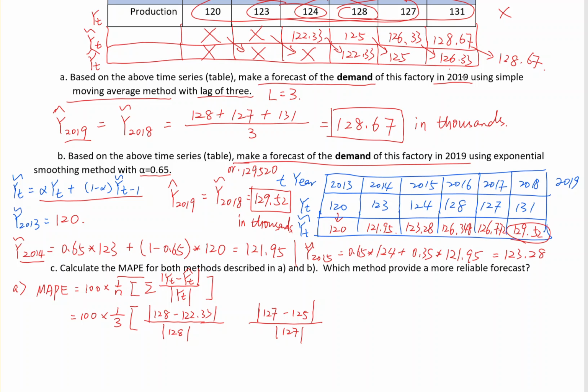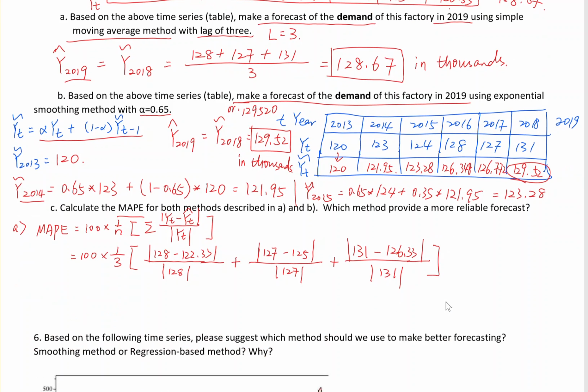Then the last pair is the absolute value of 131 minus 126.33 divided by 131. Here we have the sum sign, so we need to add these three terms together. If you calculate this, you will have 3.19.